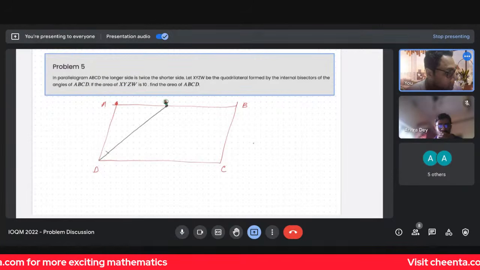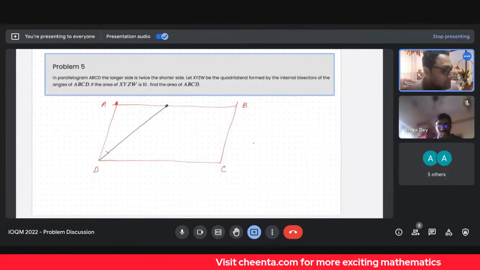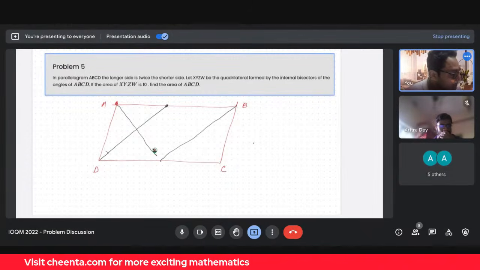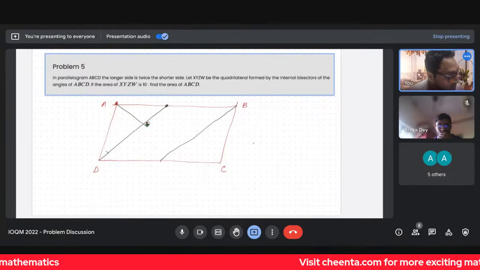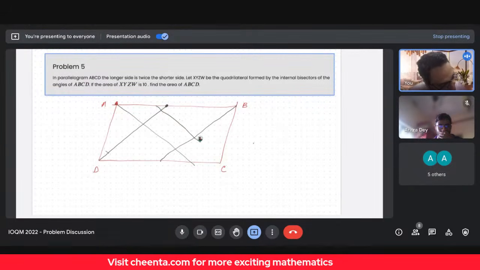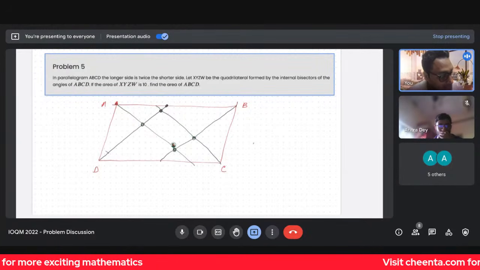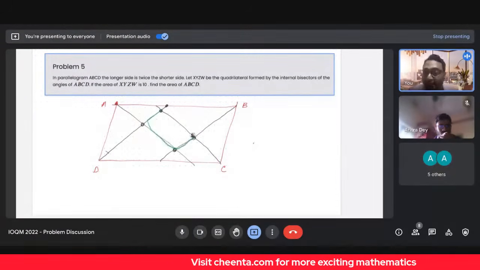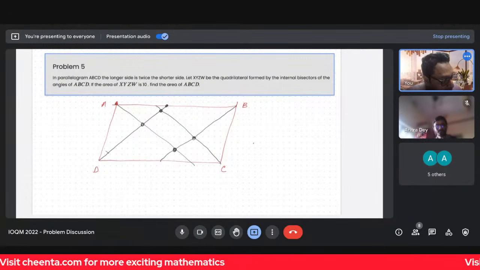So there are bisectors of the 4 angles of the parallelogram, like this, and they form a little quadrilateral. There is a little quadrilateral inside the parallelogram, and the name of that quadrilateral is XYZW.